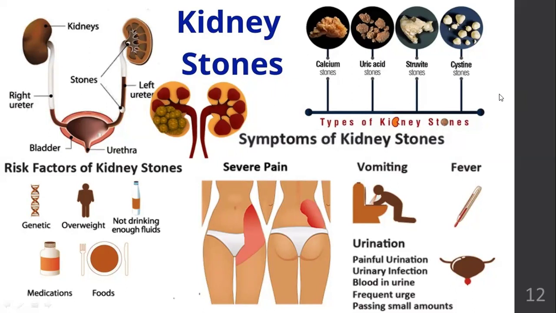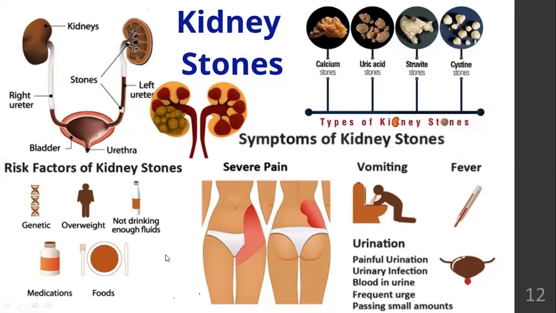So kidney stones can take place anywhere, either in the kidneys, in the renal pelvis of the kidney. Renal pelvis is inside the kidney. Or sometimes in the calyxes, minor calyx, major calyx, renal pelvis, ureter, urethra, bladder, anywhere the stone can be lodged. Risk factors: it's genetic. If any of your parents or grandparents are suffering from kidney stones, you also have a high chance of developing that.